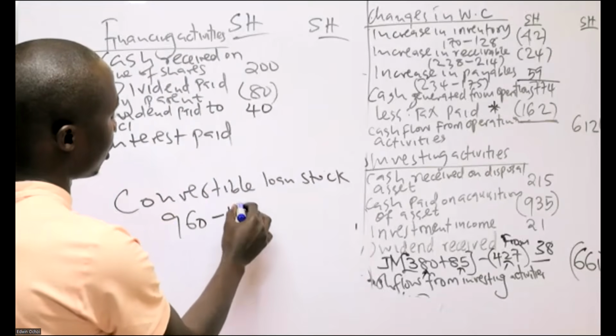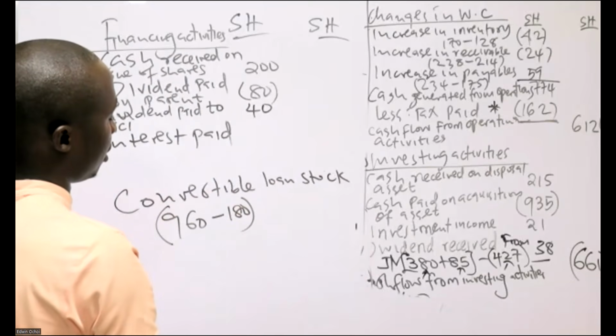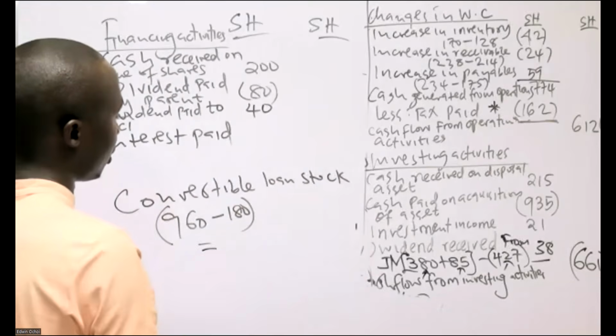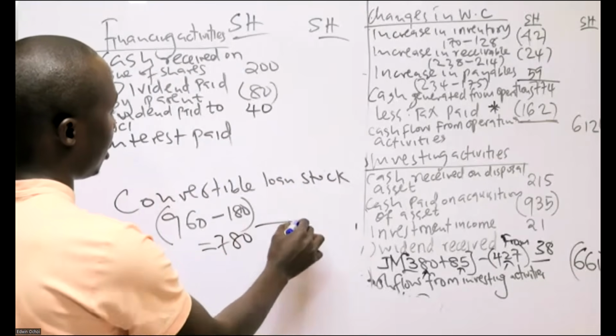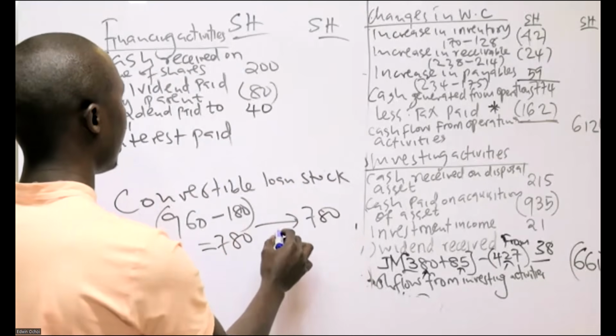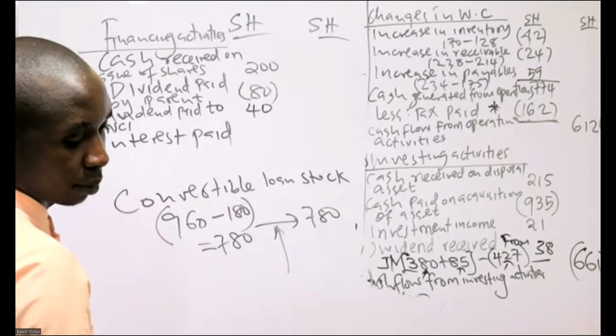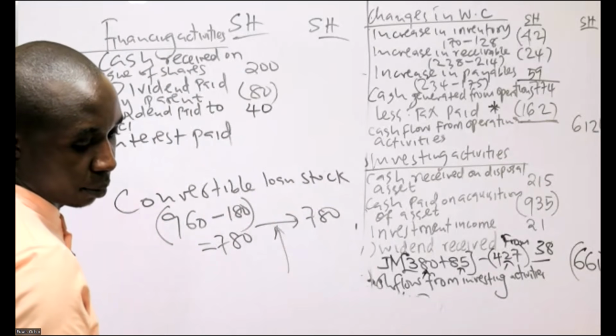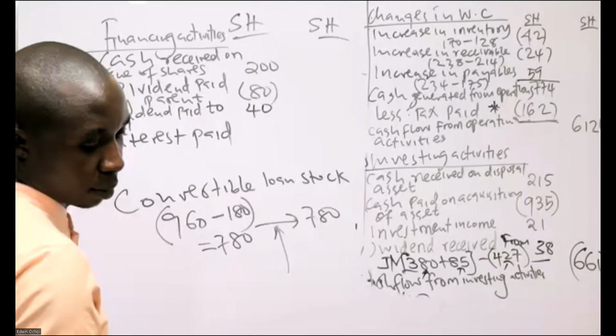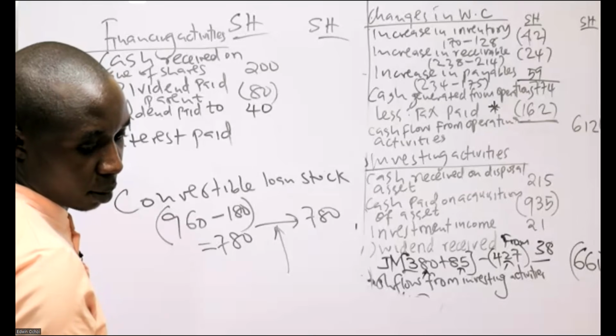Out of this, 180 was converted to ordinary shares. So you get 780, the same as the balance carried down. So there's no change here. You understand that? I think you understand what I've done.